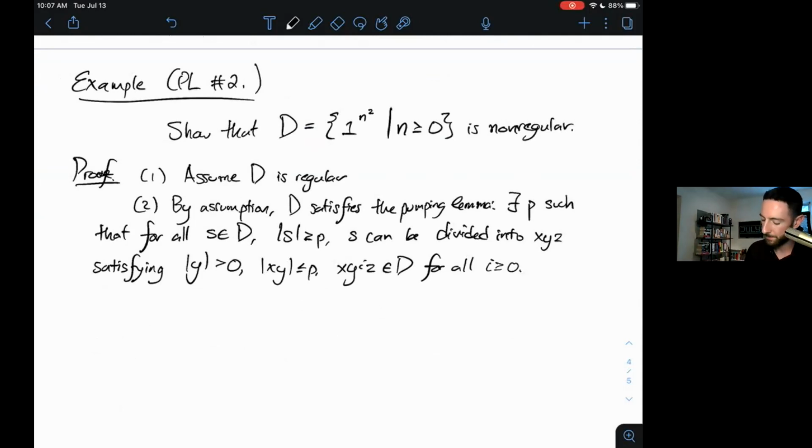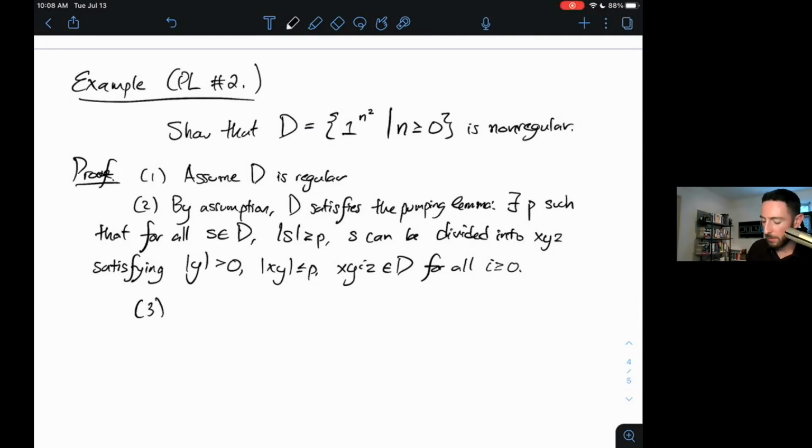So let's see, now we need to choose some long string that can't be pumped. I could choose 1 to the p, but if p is not a square number, then that string won't be in the language.